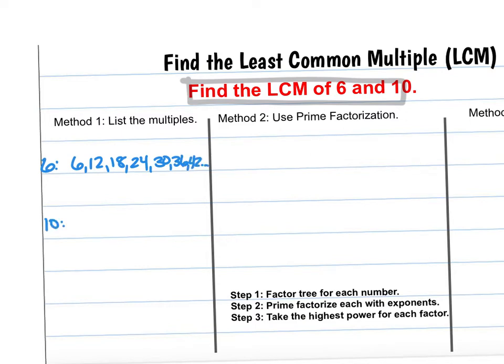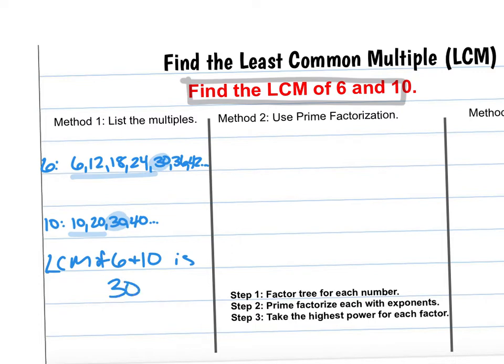For 10, my multiples were 10, 20, 30, 40, and I'm going to stop there because something rang a bell. You look for your least common multiple. I noticed that 30 popped up here and here, and nothing popped up before that. So that represents my least common multiple, the smallest number that both 6 and 10 multiply to, which is 30. Pretty basic on that.